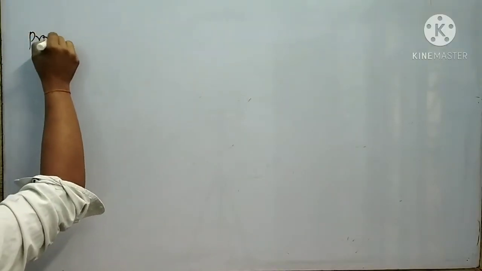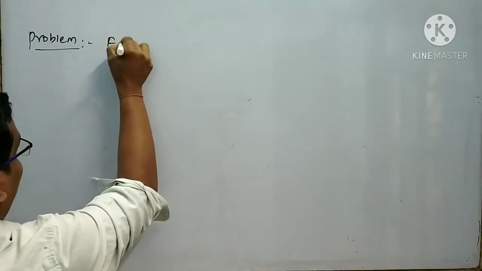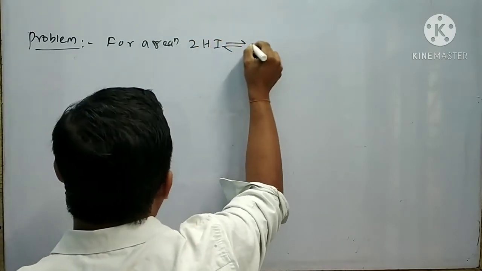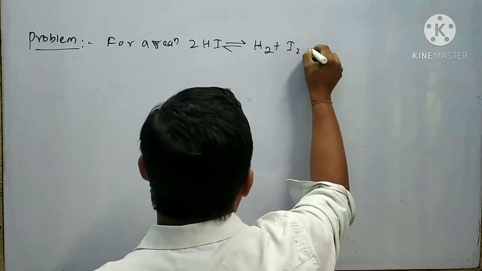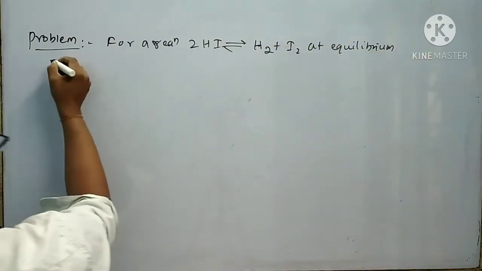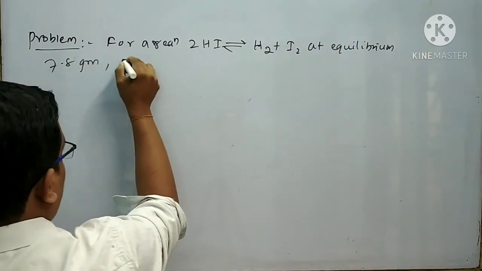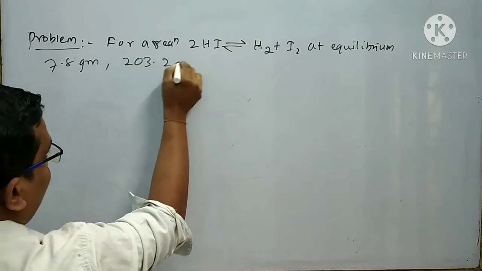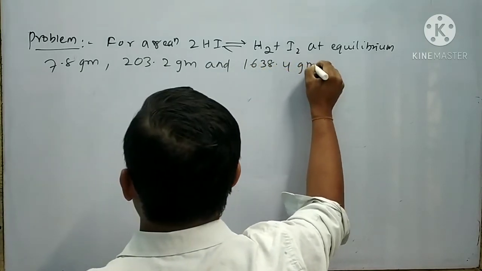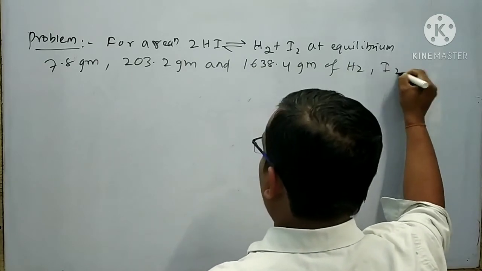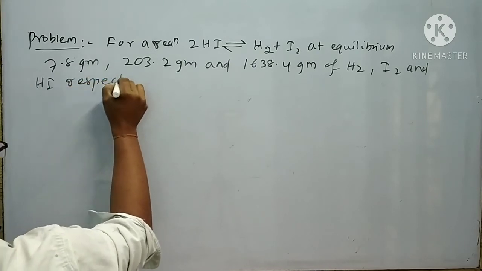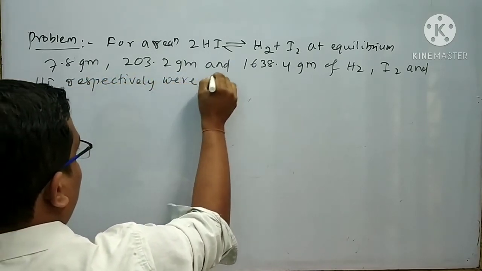Next I want to do another problem. For a reaction 2HI gives H2 and I2 at equilibrium, 7.8 gram, 203.2 gram and 1638.4 gram of hydrogen, iodine and HI respectively were found.